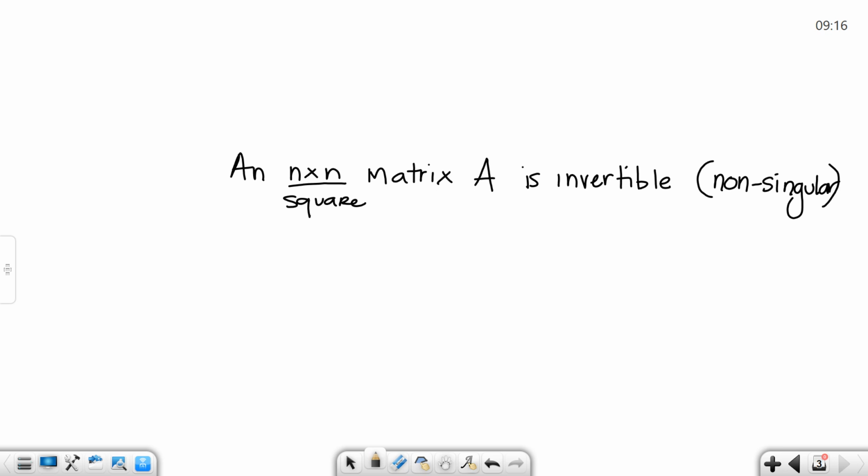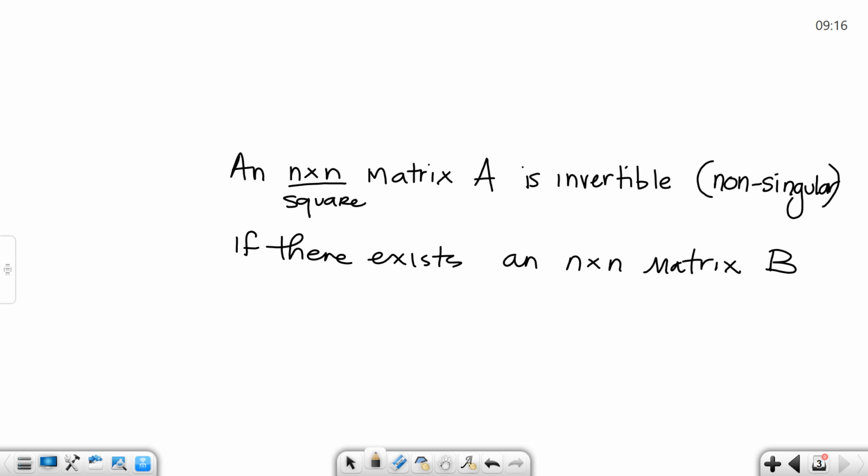An n by n matrix A is invertible, which means non-singular, if there exists a matrix such that you have an n by n matrix B such that AB equals BA, which cancels out to give you the identity of that size.